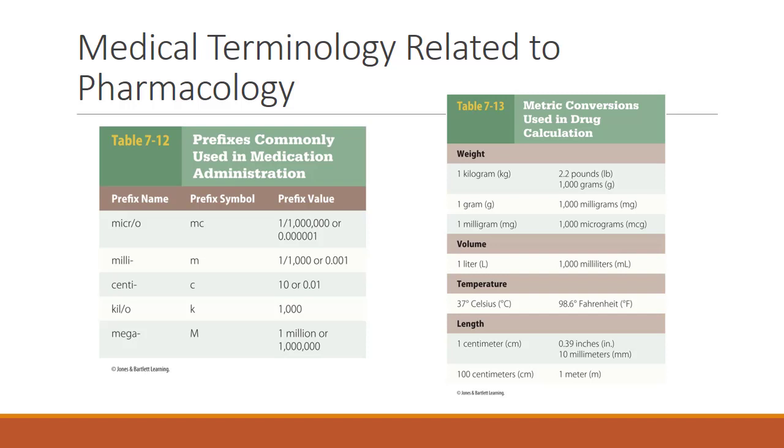And then as we look at length, we see 1 centimeter is equal to 10 millimeters, or about 0.39 inches, and 100 centimeters is equal to a meter. When we're measuring length, the meter is the unit of measure there. So we will go into these in more detail and learn conversions for them when we get into pharmacology.